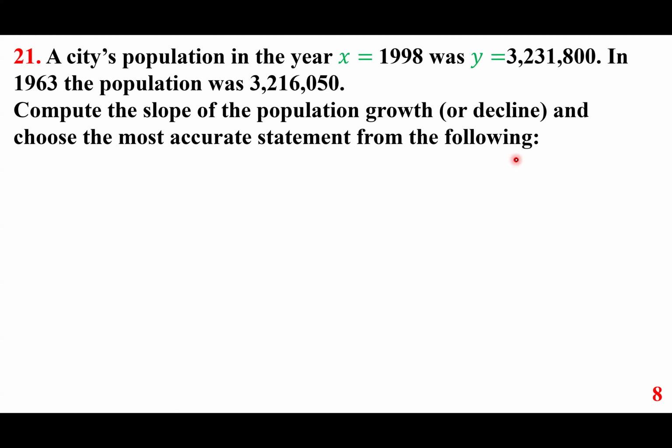First and foremost, we go with x comma y as the independent variable and the dependent variable, where x represents the time and y represents the population. So that's the first thing we should notice.